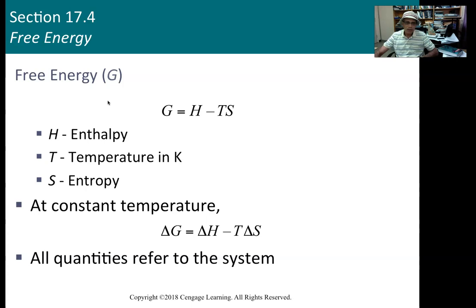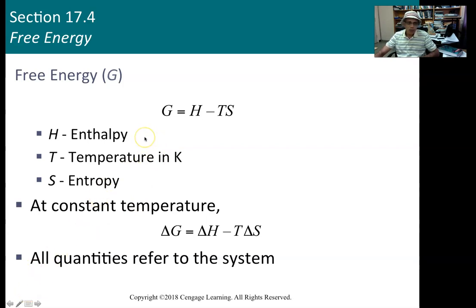And finally, that the entropy of the surroundings is related to the temperature. So at constant temperature, the entropy of the surroundings is essentially equal to the enthalpy over temperature. I'm not going to go into the details of those since we are moving on from that.